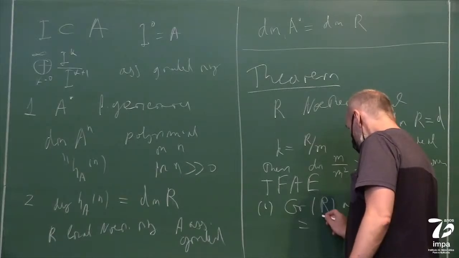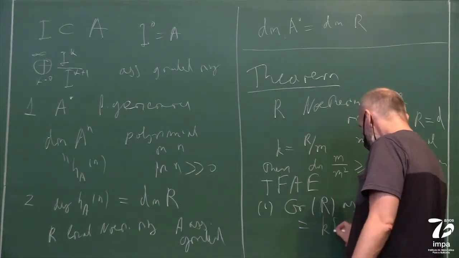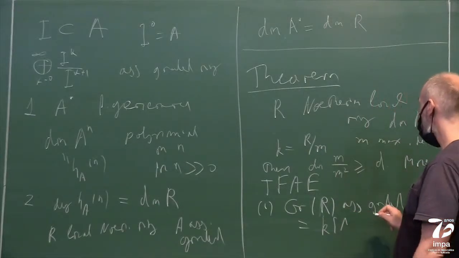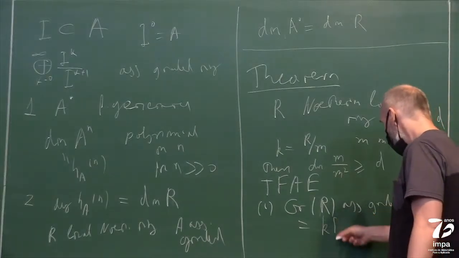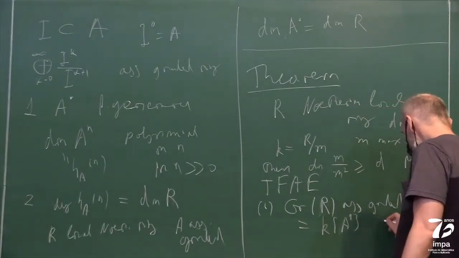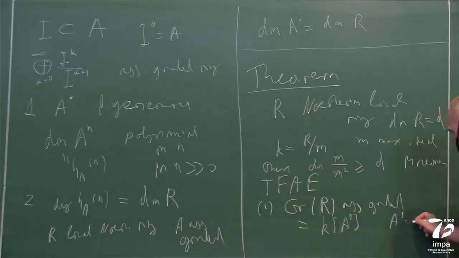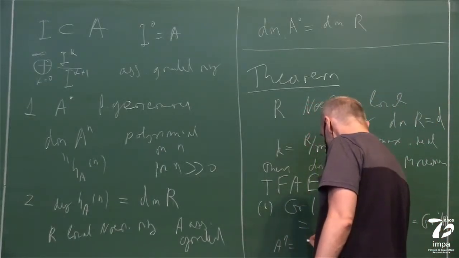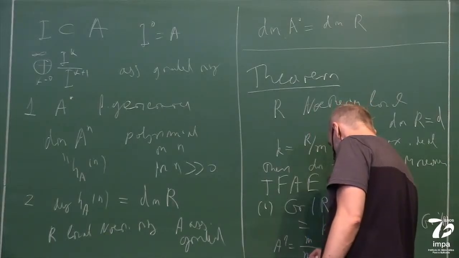So it is equal to k of x_1 through x_d. I need to write A1 because I have this notation on the slides where A star is this associated graded GR star of R, and A1 is its first component. So A1 is the maximal ideal by its square.